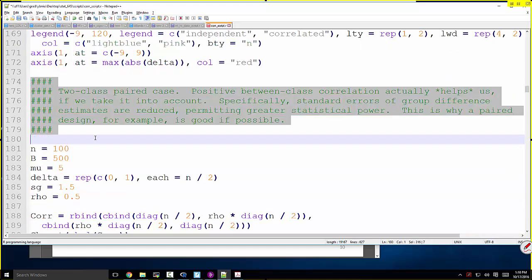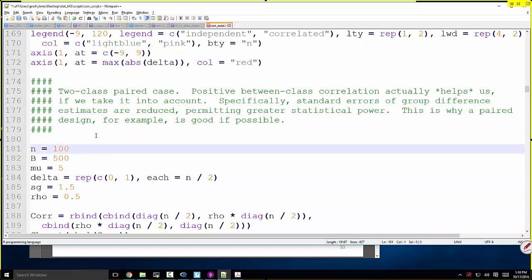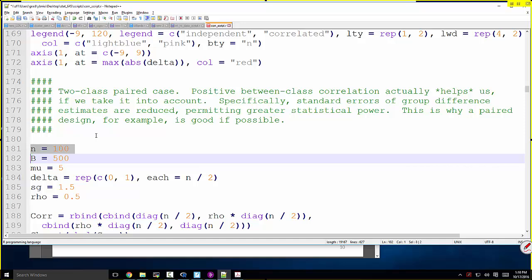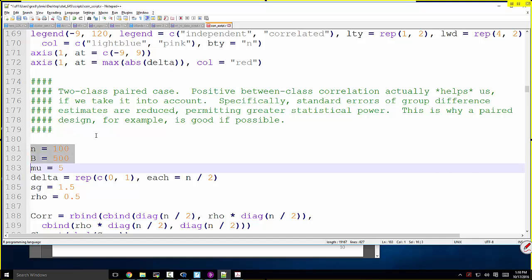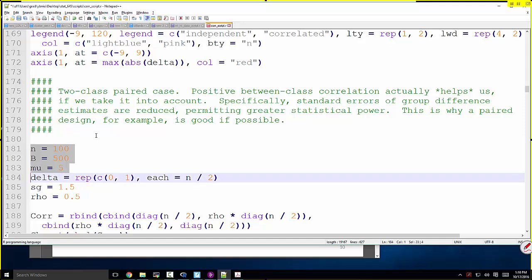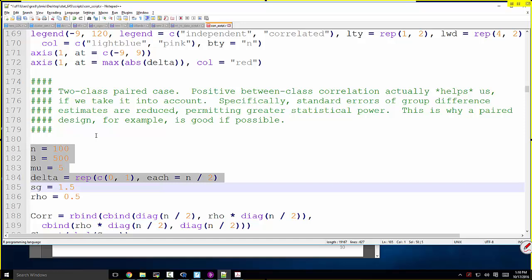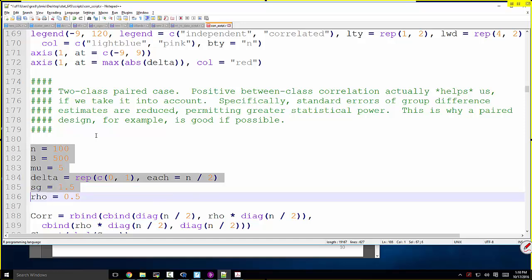So again, let's consider sample sizes of 100. Let's do 500 simulations. The mean is equal to 5. I'm going to allow for the mean difference between treatment and control to be equal to 1. Standard deviation 1.5 and moderate positive correlation.